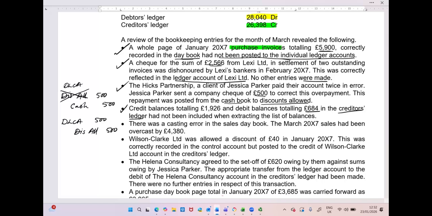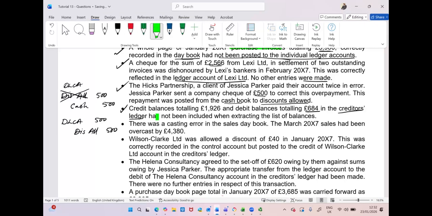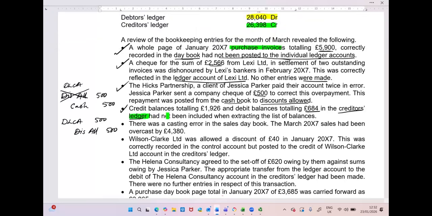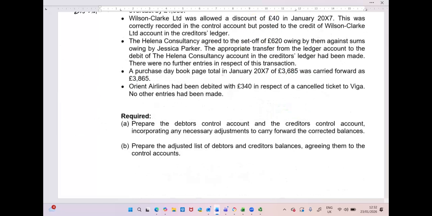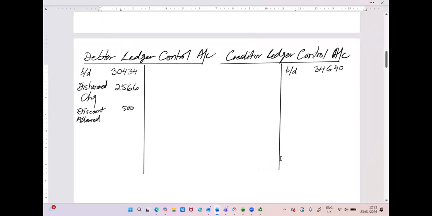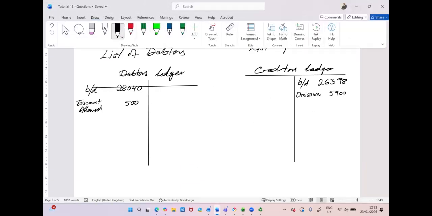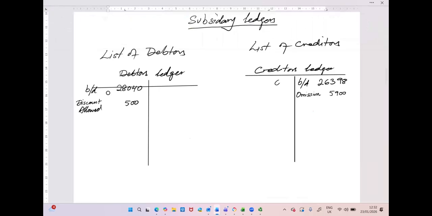It is telling me that the list of creditors has not been updated, and that needs to be written in the list of balances. So list of balances means the control account, creditor control account is okay. It's the creditor ledger which is not okay. So let's record it. Let's update it. Because my accountant forgot to record it, I will record it now.